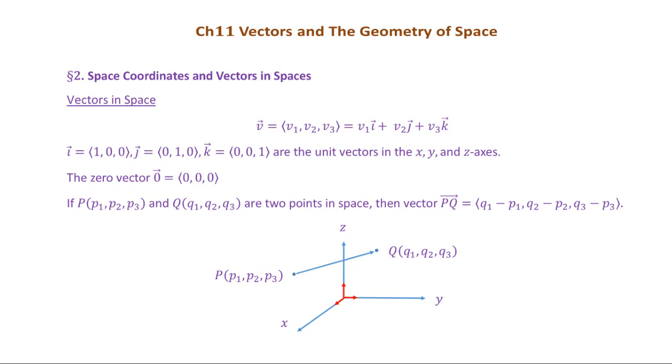And then the vector PQ, denoted by PQ with an arrow on the head, will have components Q1 minus P1, Q2 minus P2, and Q3 minus P3. So again, we just subtract the components of those 2 points, terminal minus initial.